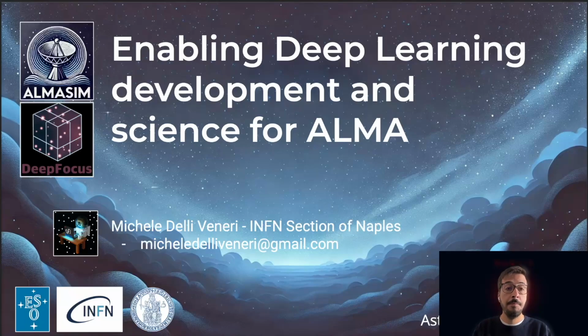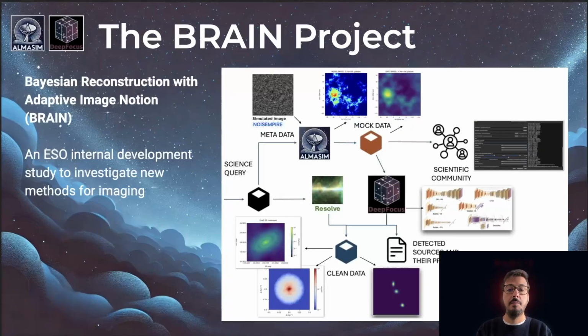My talk today is going to be about enabling deep learning development and science for ALMA, which is a task that has been carried out within the Bayesian Reconstruction within Adaptive Image Notion, also known as the BRAIN project, which is an ESO internal development study to investigate new methods for the imaging part of the ALMA data reduction pipeline.